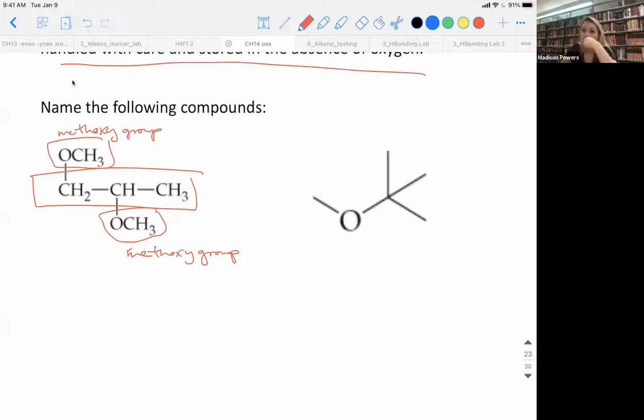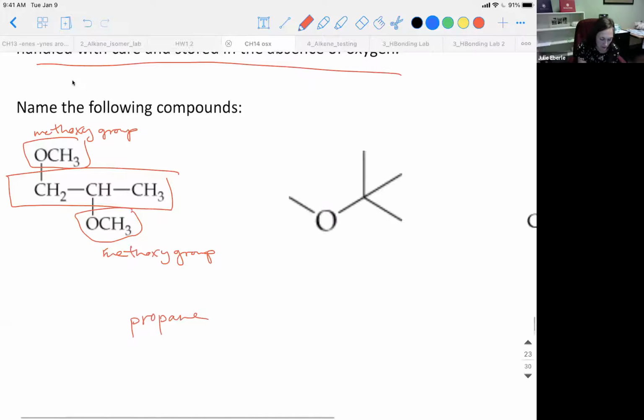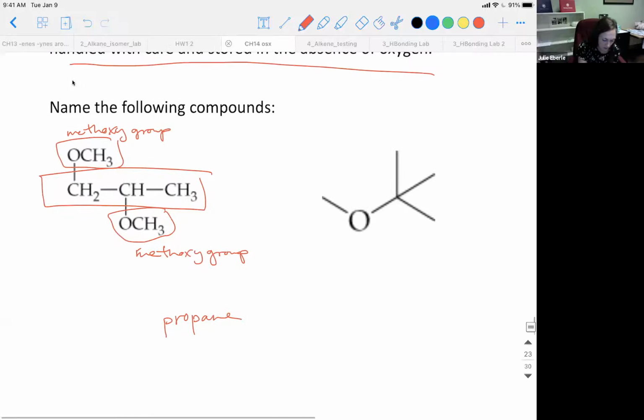Propane. Yeah, propane. So we'll write propane. And we have two methoxy groups. One is on carbon 1, one is on carbon 2. So we'll call this 1,2-dimethoxypropane.